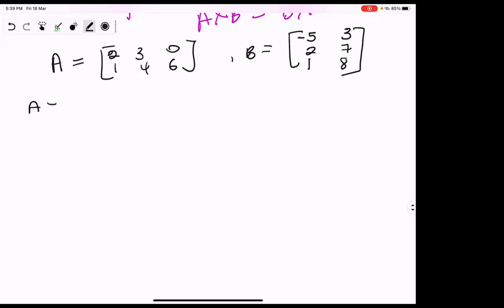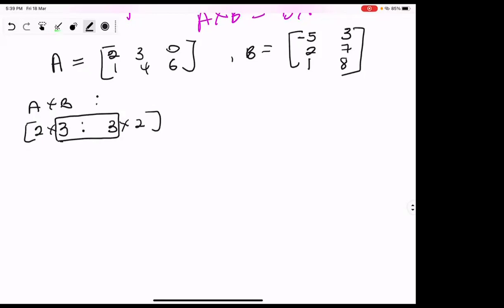So A times B, to determine whether it's possible, we first write down the dimension of the first matrix, which is 2 by 3. Write down the dimension of the second matrix, 3 by 2. All right, so since the two inner numbers are the same, it means that A times B is possible.